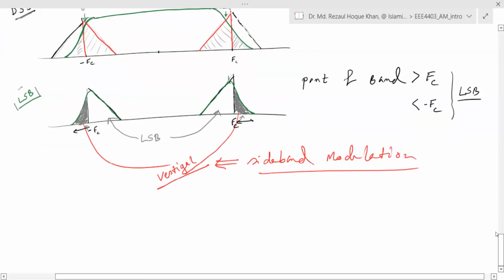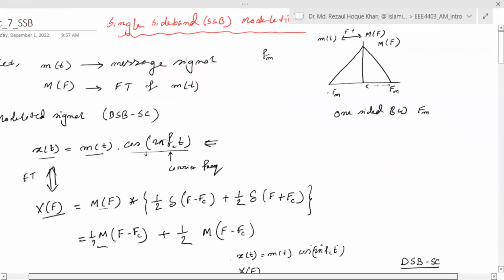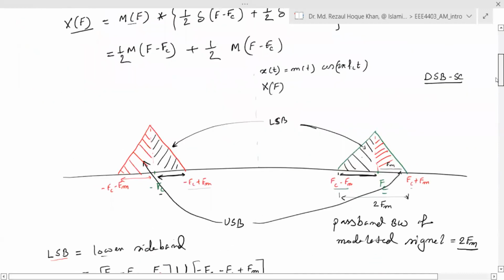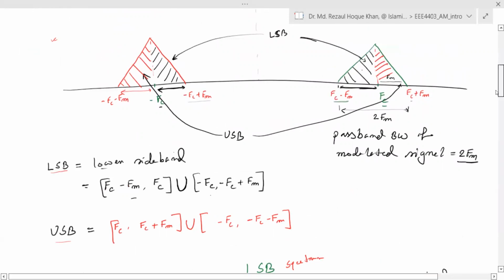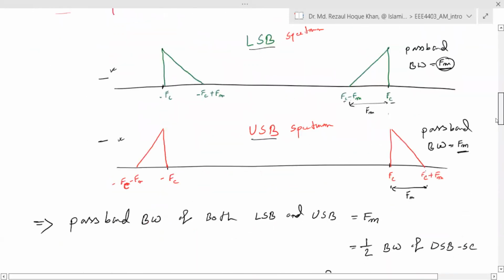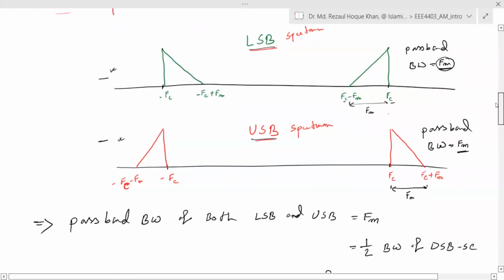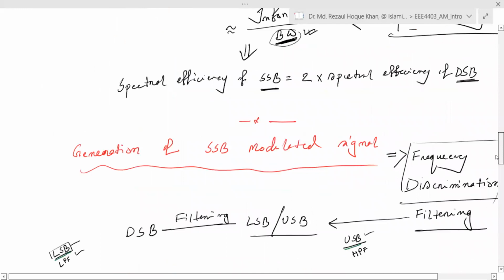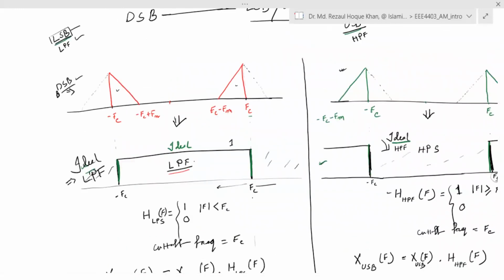So what we can see here is that if we have a double sideband suppressed carrier signal, then by filtering we can get either the LSB or USB using a filter technique, either a low pass filter or a high pass filter.